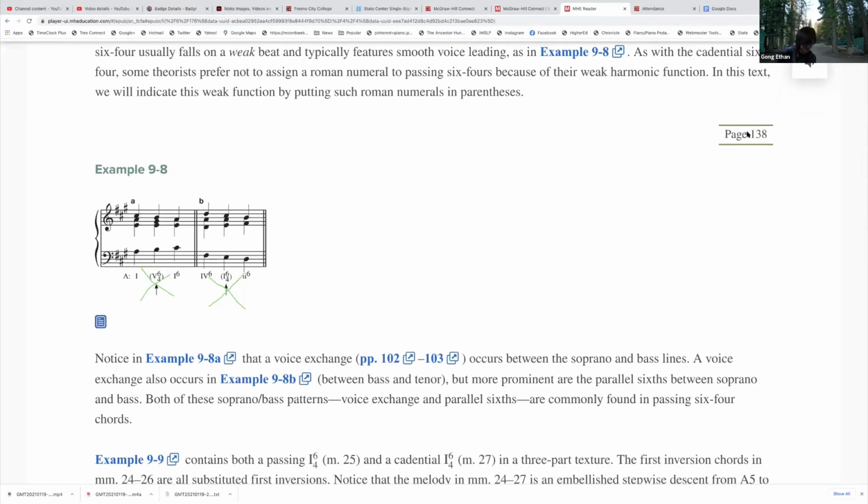What are they talking about? Parallel 6ths. Sixths. All right, this piano's driving me nuts. This harpsichord. Thank you. Is that what they're talking about?